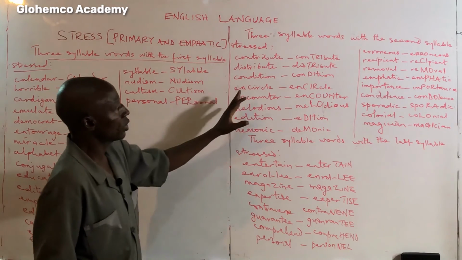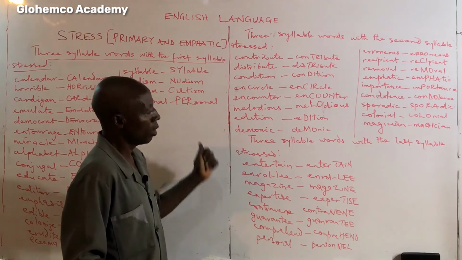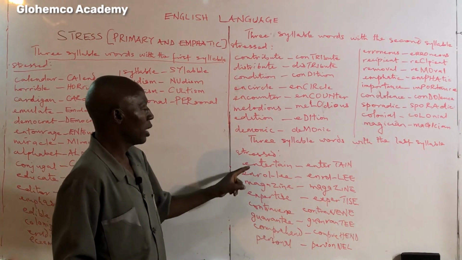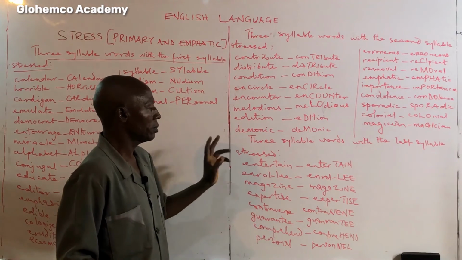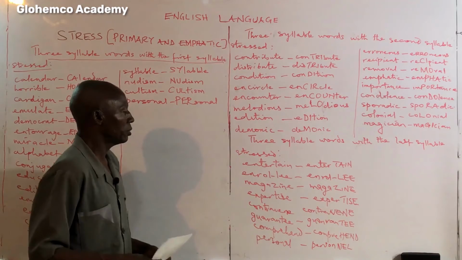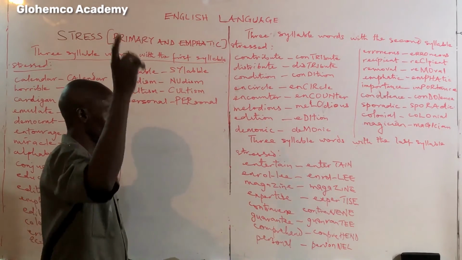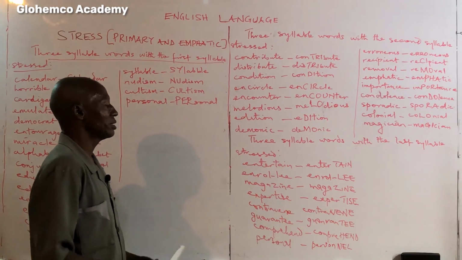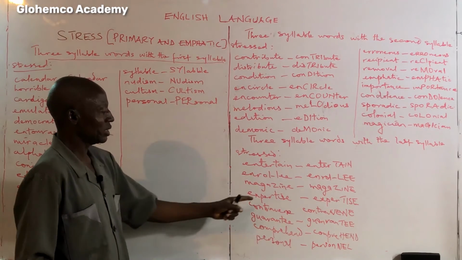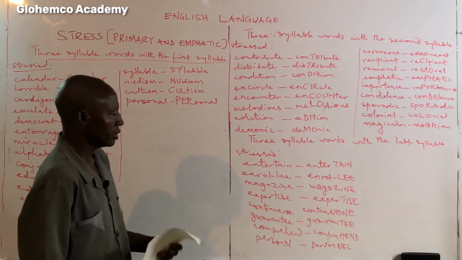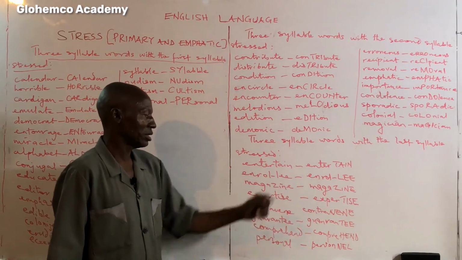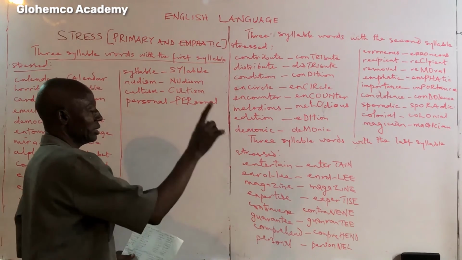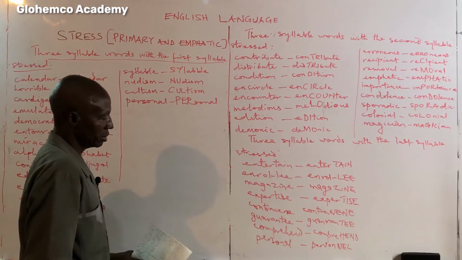The second set, we have the second syllable stressed. And the last one are these, where you have entertain, tain stressed. Enrollee, lee stressed. Magazine, zine stressed. Expertise, T stressed. Take note of that. It's not expertise. Expertise. Then contravene, guarantee, comprehend.